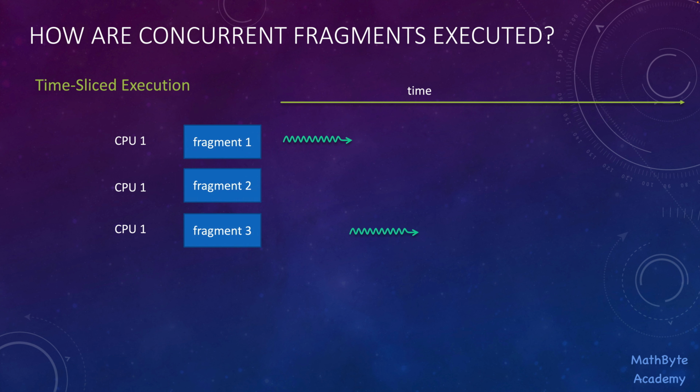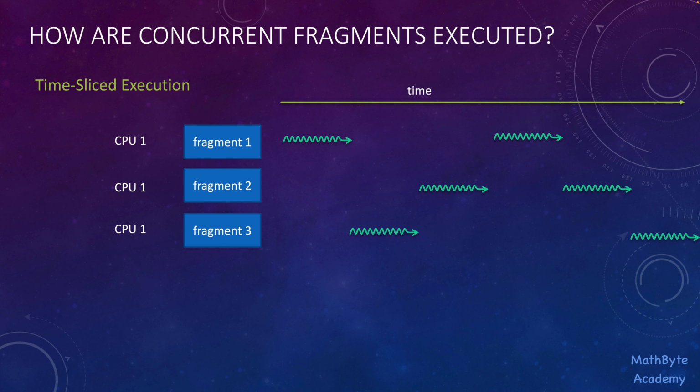Then it's going to switch, and fragment 3 maybe is going to execute for a certain amount of time. And then we're going to switch again, and fragment 2 now is going to execute its code for a little while. And then it's going to go back to maybe fragment 1 and execute for a bit. Then it's going to go to fragment 2 and execute for a bit. And then maybe fragment 3.